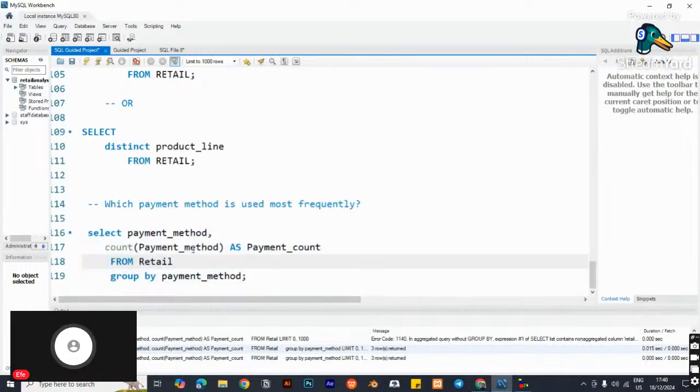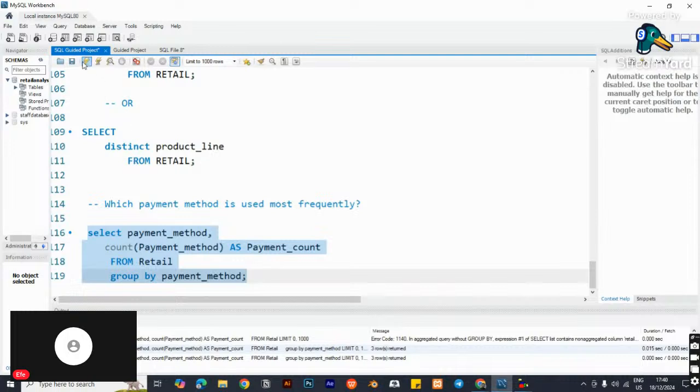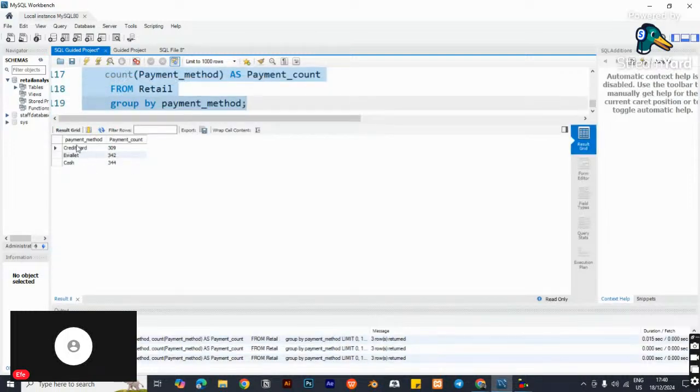So we counted the payment method, which is using an aggregated function, and we used an alias. The alias is why we're able to see this like this in the result output.